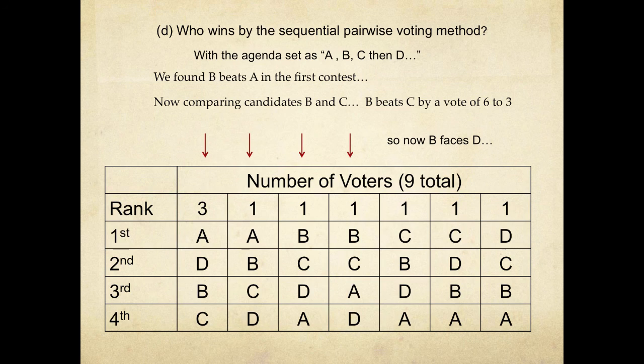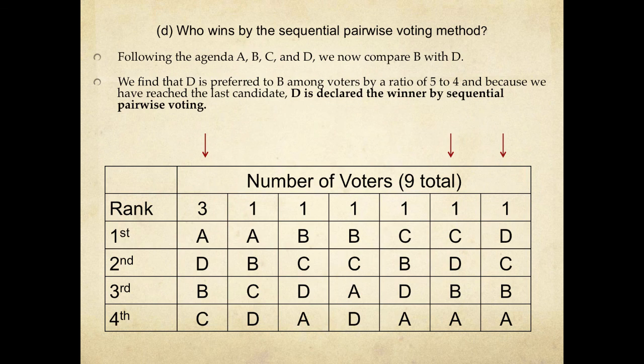So then finally B is moving on to the last candidate, which is D. So in that final contest between B and D, comparing just B and D, D is actually preferred 5-4, again a majority. So D would actually be the winner if we had gone through a sequential pairwise method of voting with this particular group.